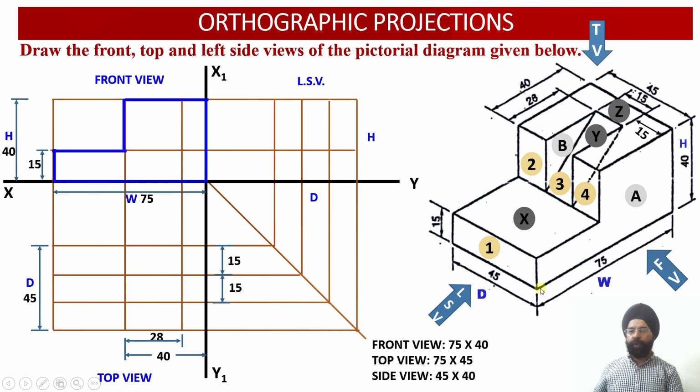Then corresponding to the lower block, please check, corresponding to the surface A, I will be able to see this portion, that is the upper surface of the lower block, and then I'll also be able to see the left side vertical wall corresponding to the upper element over here. So this way this surface A has been obtained in the front view.